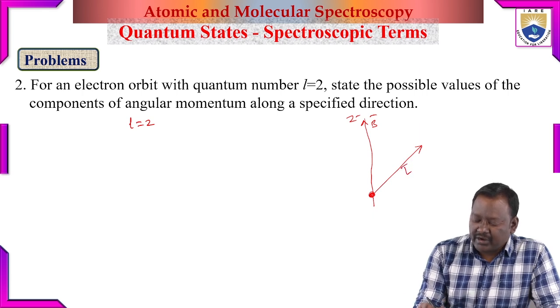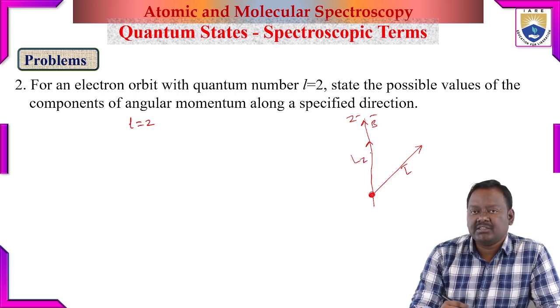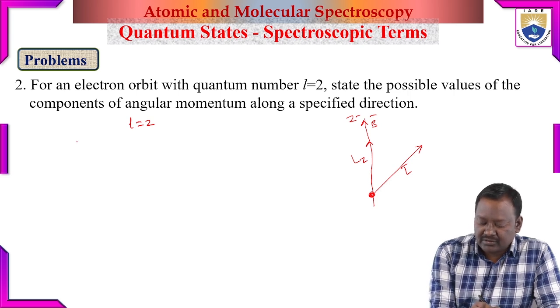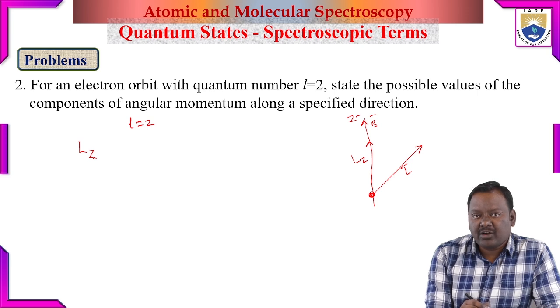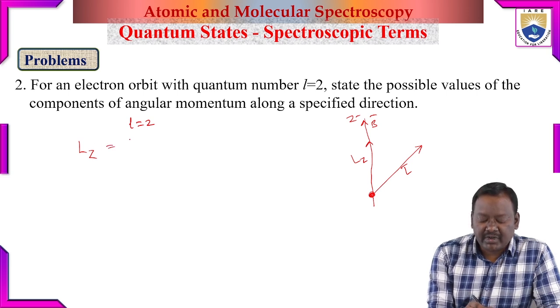The component of L bar along the z direction is Lz. To calculate the component Lz of the orbital angular momentum vector, we need ml into h by 2 pi.